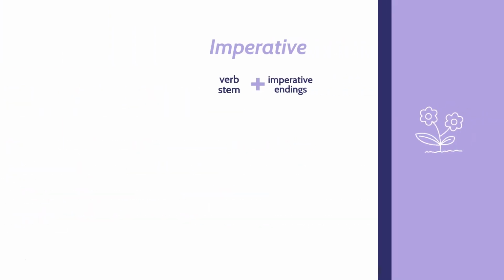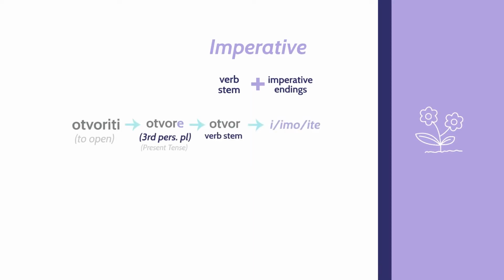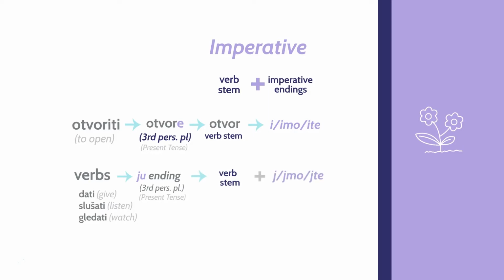In our verb sample, otvoriti, we use the imperative endings i, imo, ite. But for the verbs that have a ju ending in third person plural in present tense, verbs like dati, slušati, gledati, we add the following endings: j, jimo, jite.